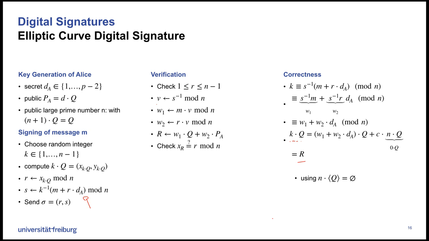And this formula here is somehow k times these values, but we want to be sure. So we take the first part, which is W1, and the second part, which is the signature.